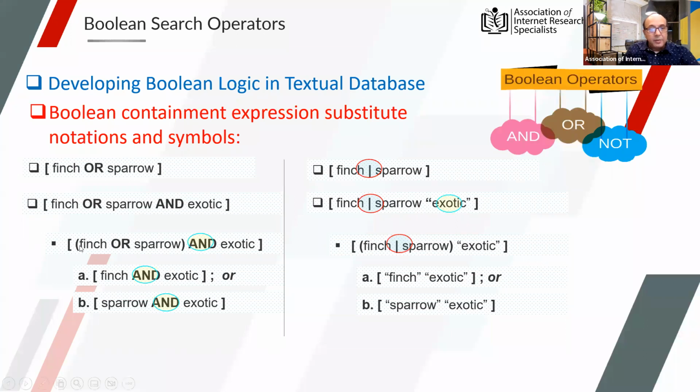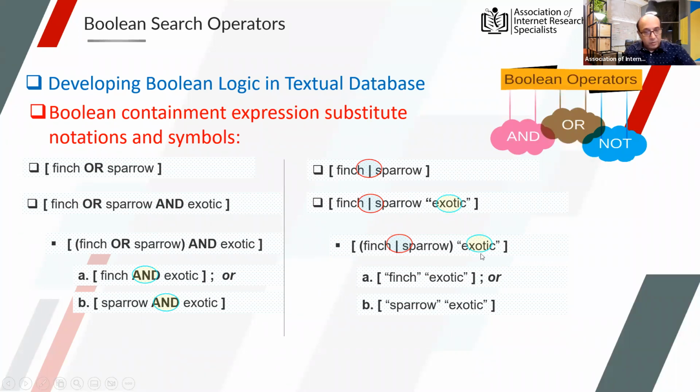Again, the parenthesis is showing up, but never mind the parenthesis. You don't use the parenthesis. However, the best way when you are doing a query that is shown on the left with these symbols is to do the search this way: finch and exotic, where finch is connecting with exotic as the first instance, and then sparrow and exotic connecting as the second instance.